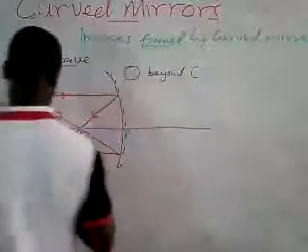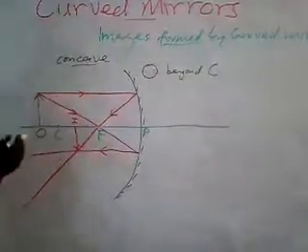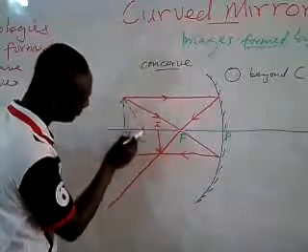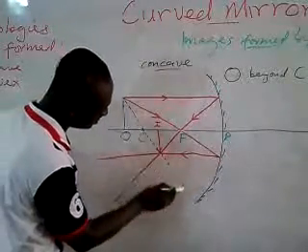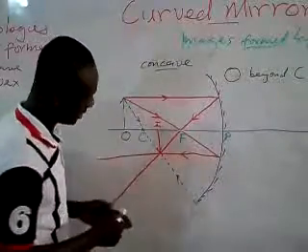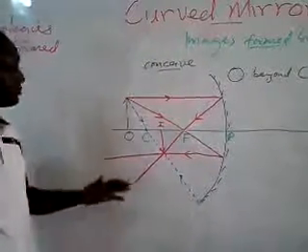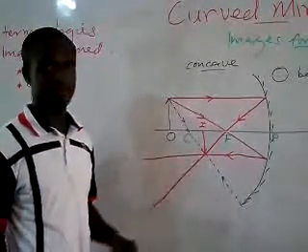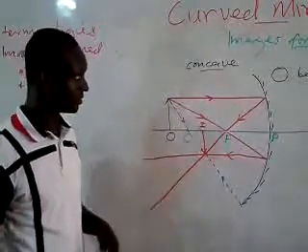And if you follow the other one, if I draw this ray here, it will also reflect along the same axis. And where the two rays intersect, the image will be produced at that particular point.